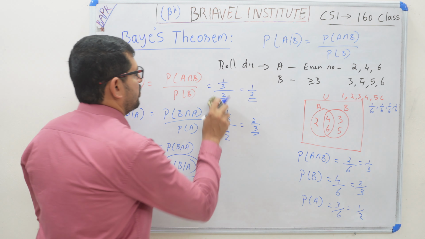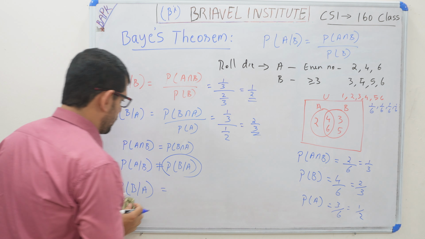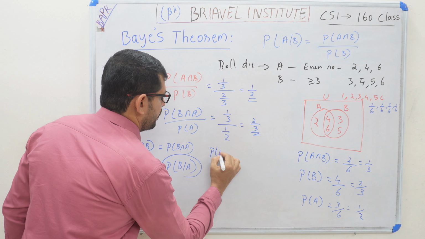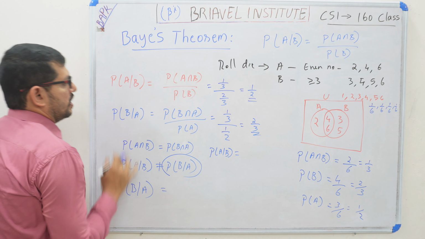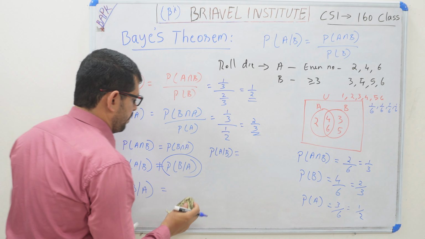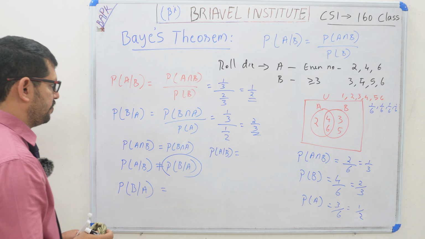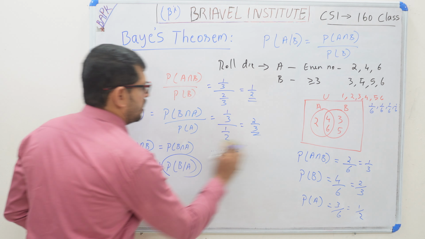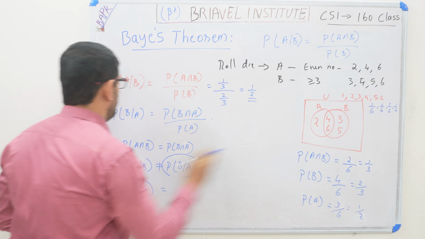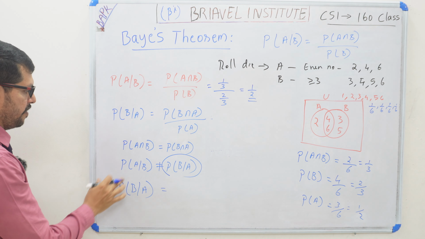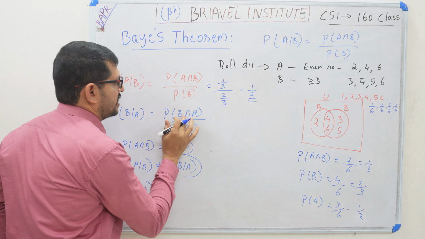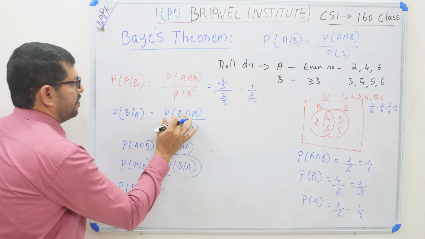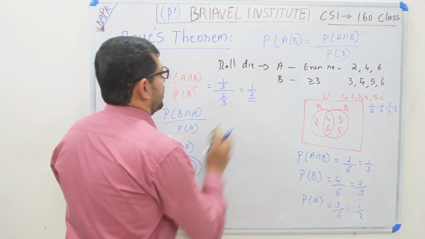We can write the probability of A given B from the equation of the probability of A given B, instead of A intersection B. So we have a formula: here you see the probability of B given A in terms of the probability of A given B. Here the probability of B intersection A, this one we can substitute.